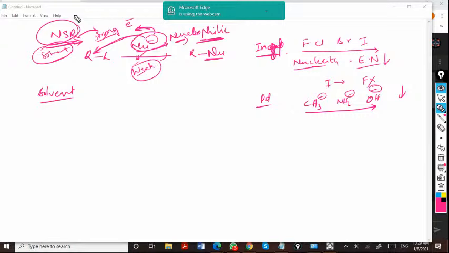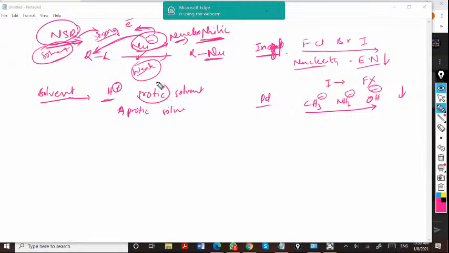If you know about these types of solvents, then it is possible to understand the nature of that particular reaction. Solvents based on H plus donating tendency are of two types: protic solvents and aprotic solvents.